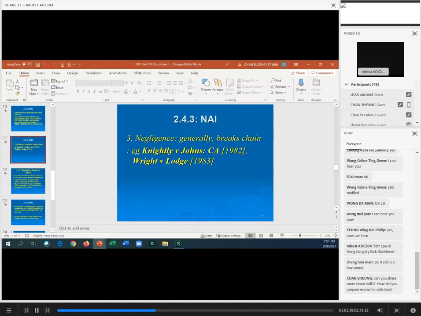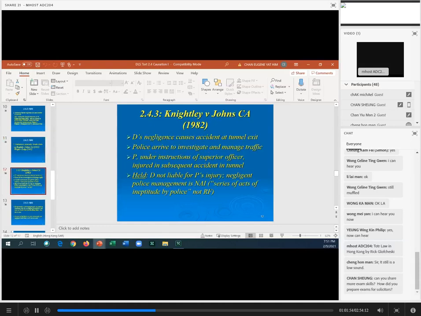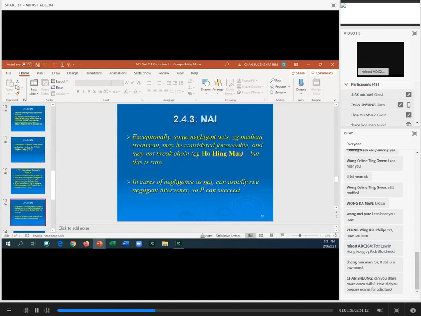Okay, now a little bit more on Novus Actus Interveniens. We've already covered that. What we're covering now, everybody, is more should know than must know, but let's go through it. Exceptionally, some negligent acts, for example medical treatment, may be considered foreseeable and not break the chain.